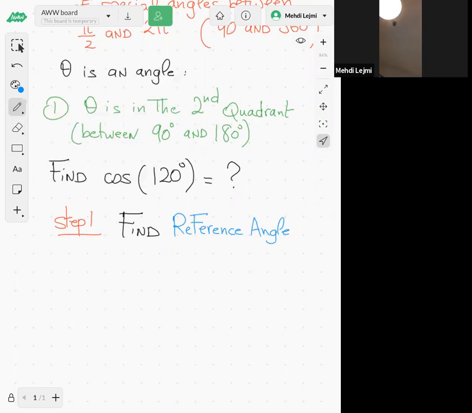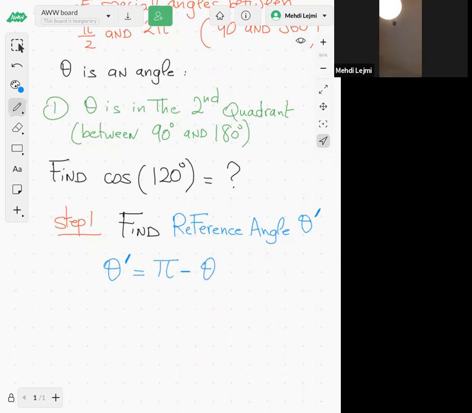Let's call this reference angle theta prime. The formula for this reference angle theta prime is equal to pi minus theta.